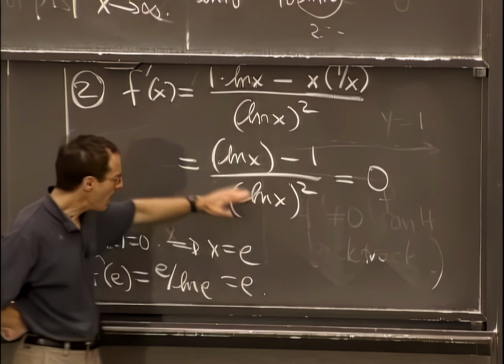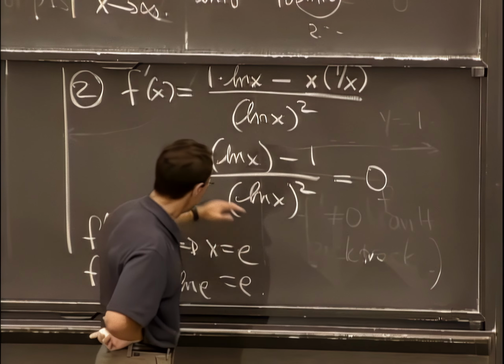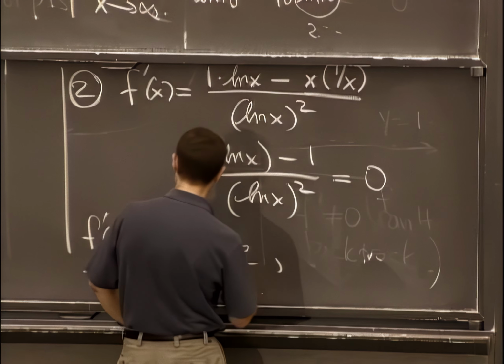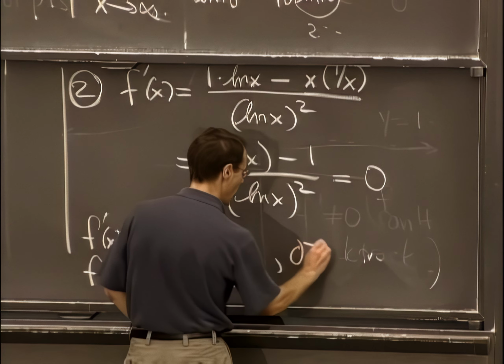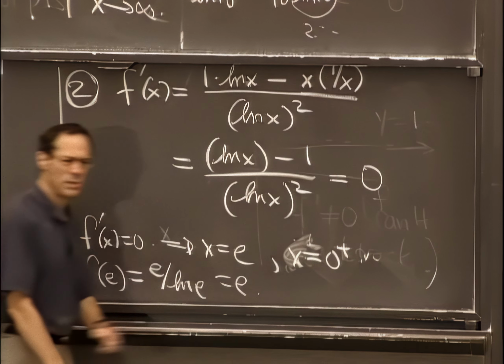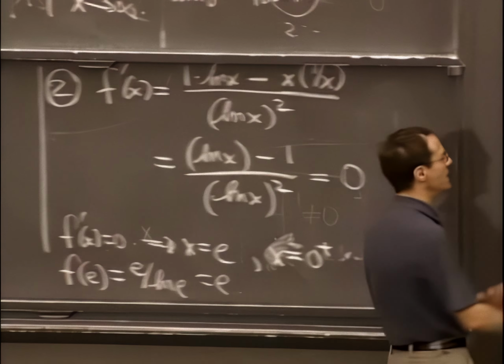All right? So actually, if the denominator is infinity, as you can see from the other expression there, it actually is true that the derivative is 0. So also when x is equal to 0 plus, the slope is going to be 0. All right, let me just emphasize that again.